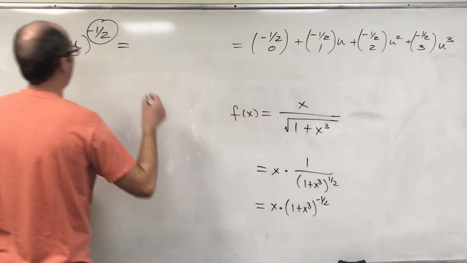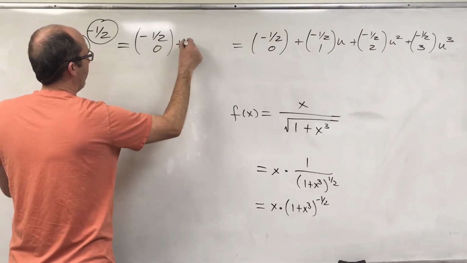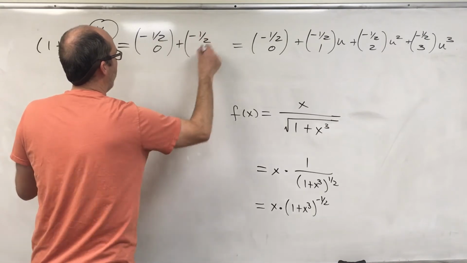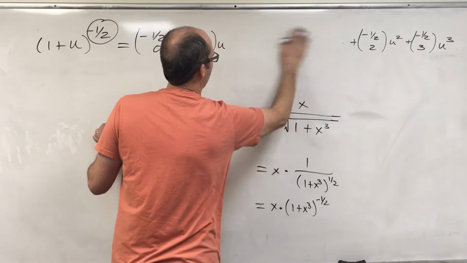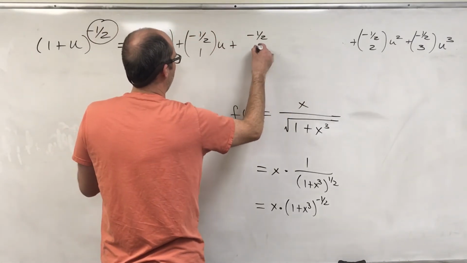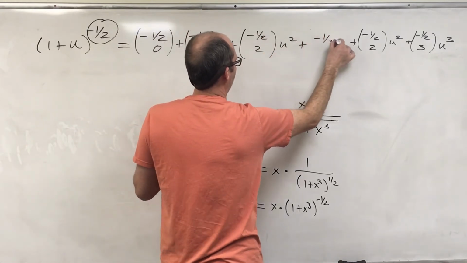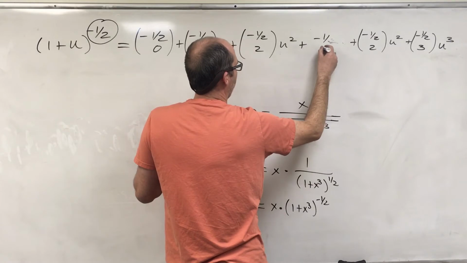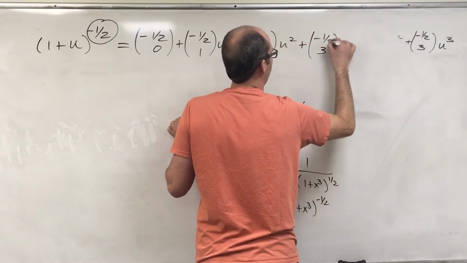So we've got negative 1/2 choose 0 there, negative 1/2 choose 1, u, plus negative 1/2 choose 2, u squared, plus negative 1/2 choose 3, u cubed.